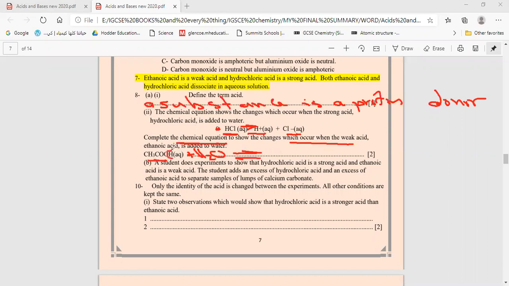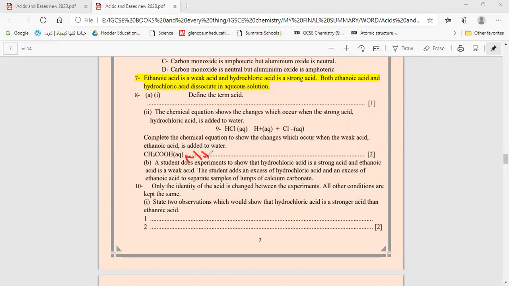And the H goes to the water, forming H3O positive, plus CH3COO negative. So I write CH3COOH plus water, H2O, double arrow, to form CH3COO negative plus H3O positive. You have to write the state of each one, aqueous solution. That's why you have 2 marks: to write the double arrow and the other part of the equation.